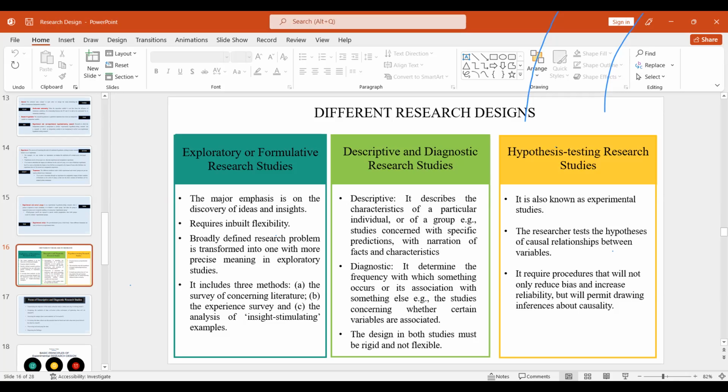So of course, the experience survey, in the case of an architect, or those architects who had practical experience, of course, need the problem to be studied. And the object of such a survey is to obtain insight into the relationship between variables and new ideas relating to the research problems.